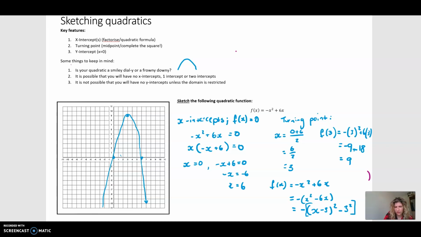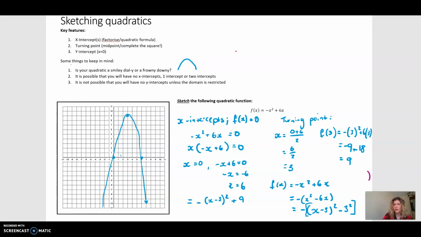I'm running out of room, so I'm just going to move over here. From there, we can say that's going to be negative, x minus 3 all squared. 3 squared is 9, and because we've taken away those big brackets, we put that negative back in again, so we end up with plus 9 from the 3 squared. What we can see is that completing the square gives us the coordinates of our turning point.